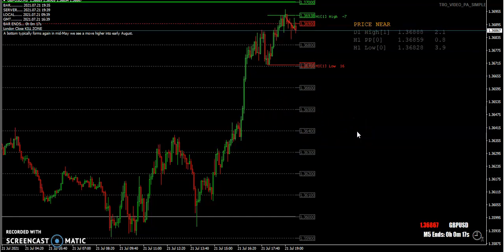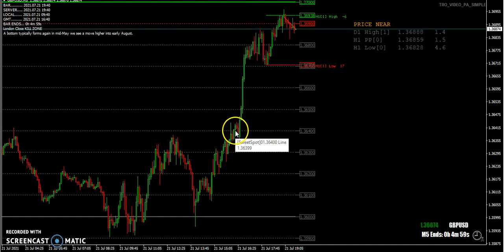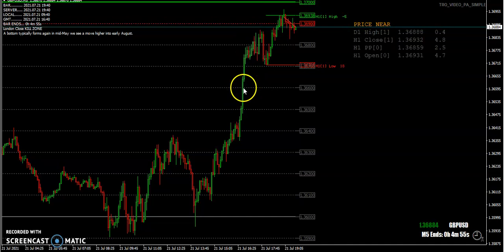I call that the launch pad, because based on observation, price likes to take off from that level. As you can see here on the 5-minute chart, price crossed the 40, dropped below, crossed it again, then crossed it and launched, and it launched up to the 60 and beyond. So this is something that's repetitive.